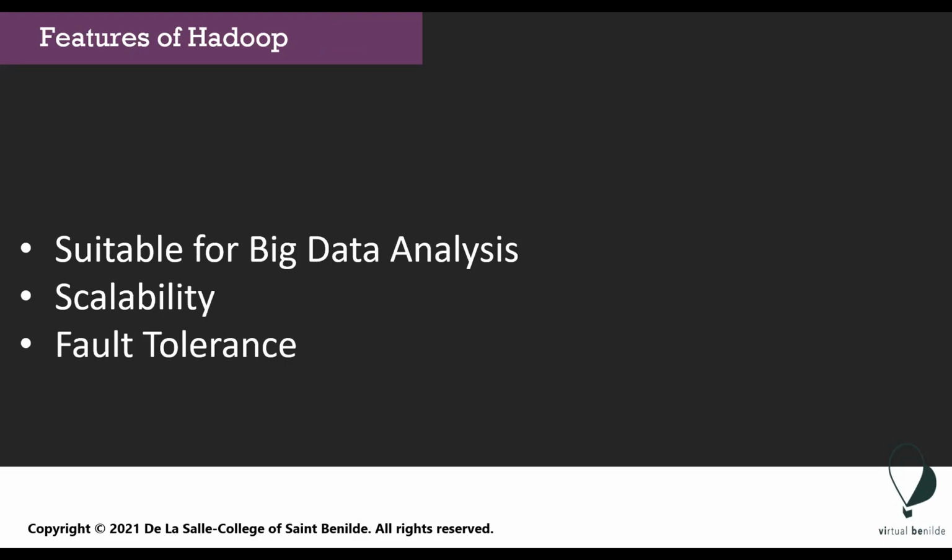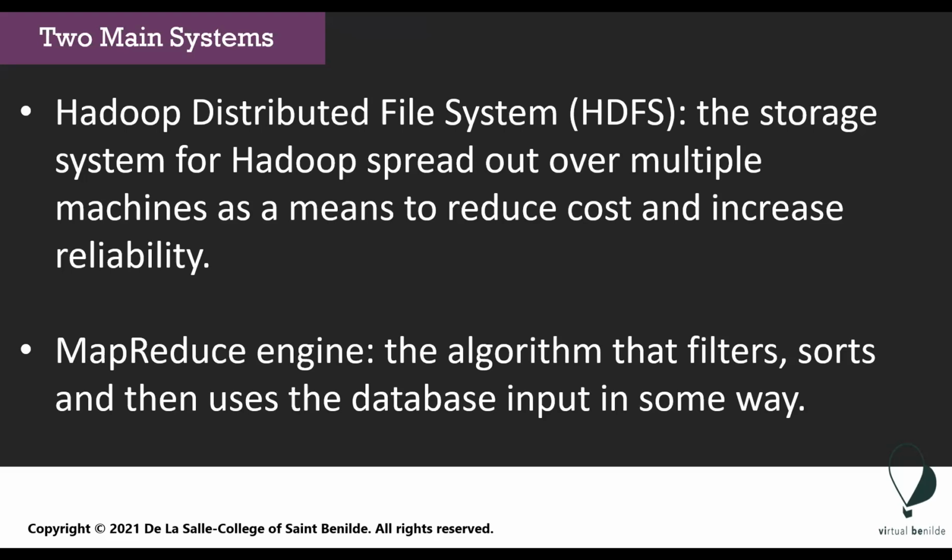So I already discussed the system. Apache Hadoop consists of sub-projects: the Hadoop MapReduce and the Hadoop distributed file system. So HDFS takes care of the storage part of Hadoop applications.